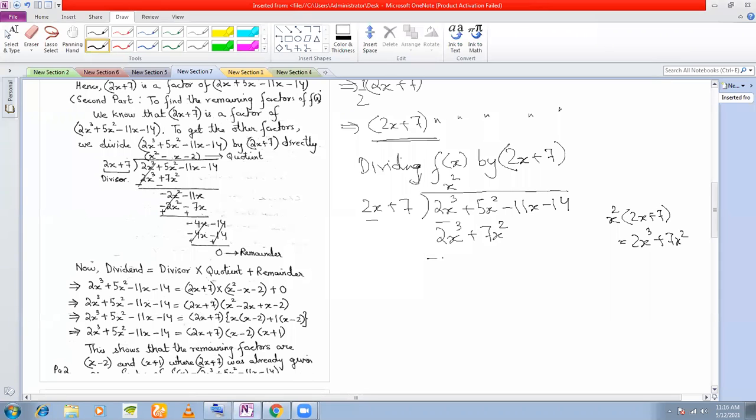And now you subtract. This cancels. So now you get minus 2x squared minus 11x. How much do you need to multiply 2x by to make it minus 2x squared?